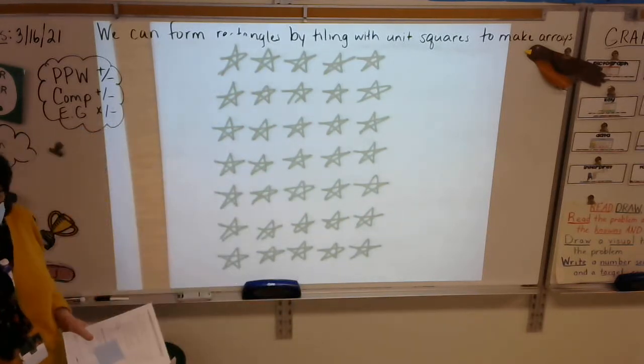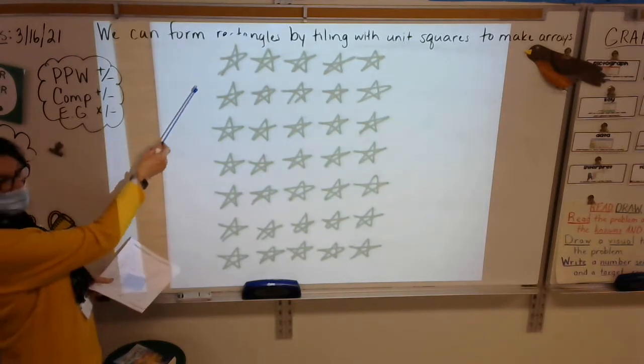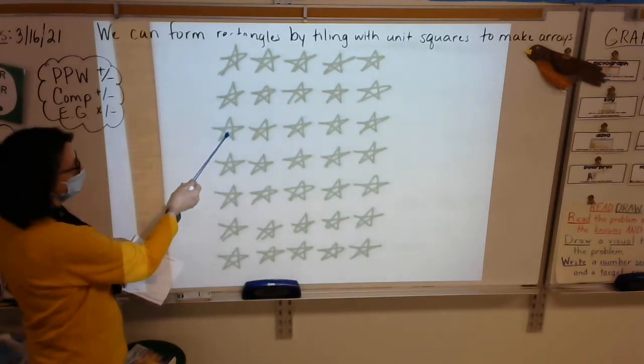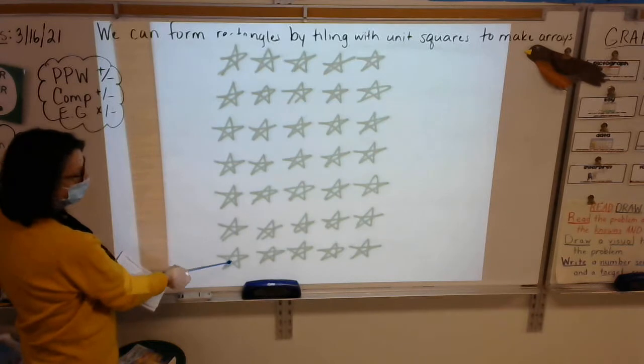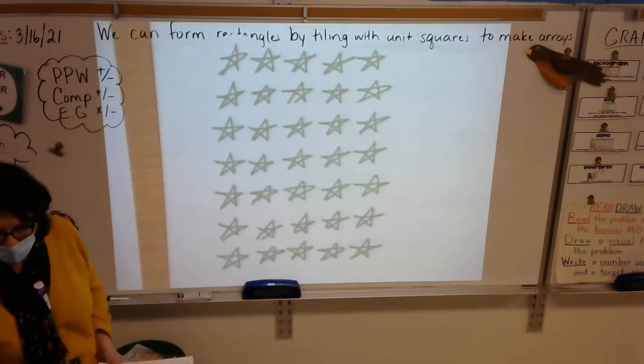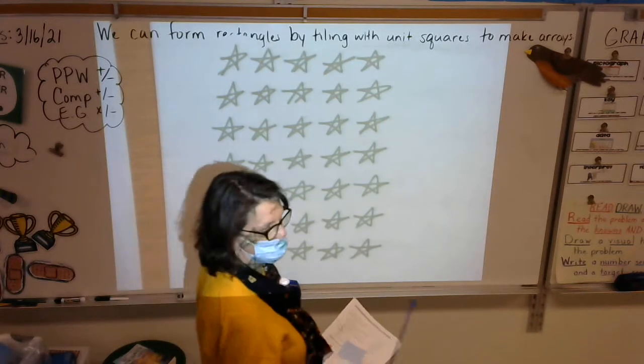How many rows are there? Quietly count to yourself. Okay, go ahead and write 2 multiplication equations to find the total.